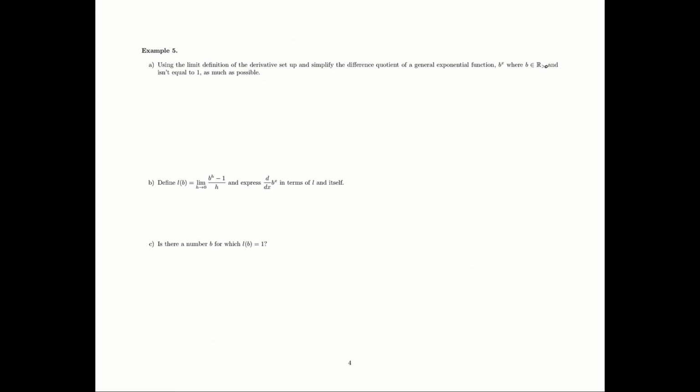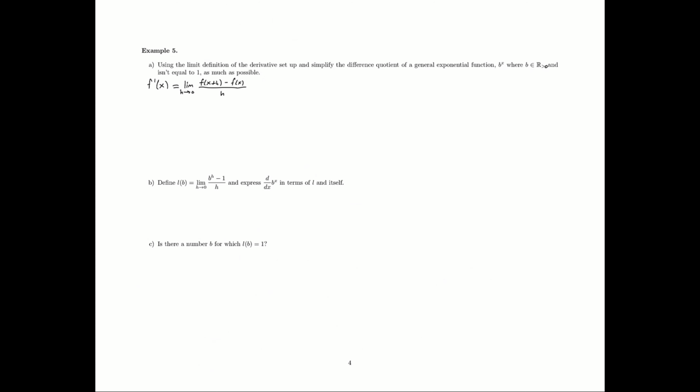Okay, so we know in general that the definition of a derivative, f prime of x, is equal to the limit as h goes to 0 of f of x plus h minus f of x all over h.